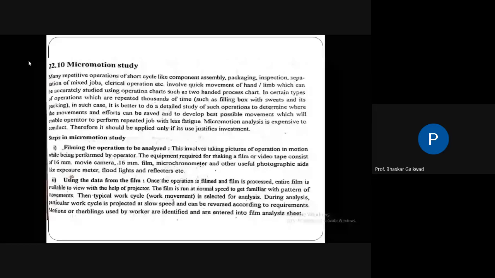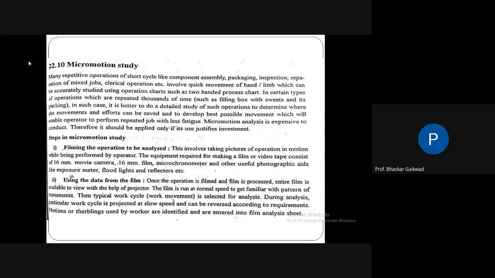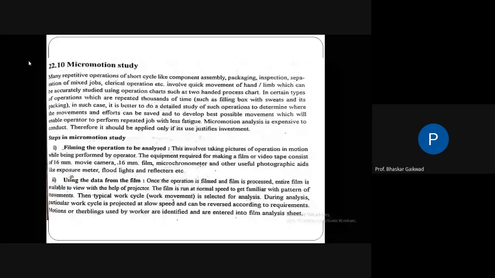So here we again require a camera, and we can use this camera in slow motion to study which are the unwanted activities, unwanted motions, using micro motion study.